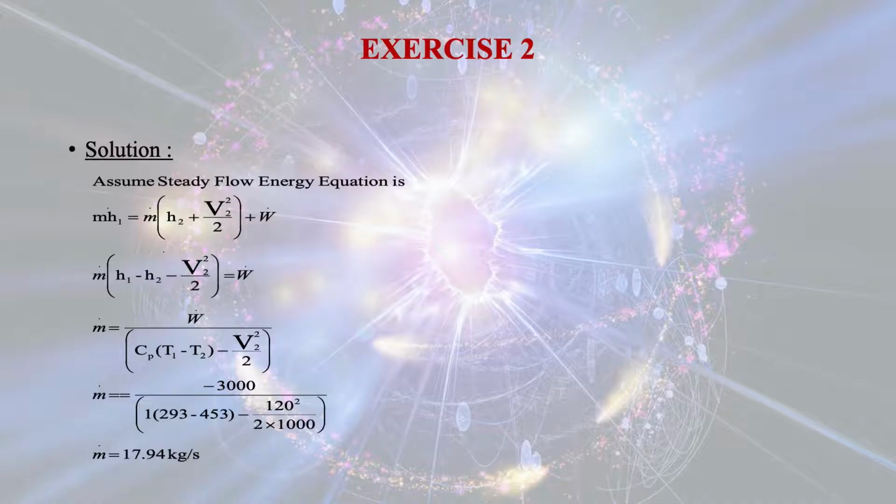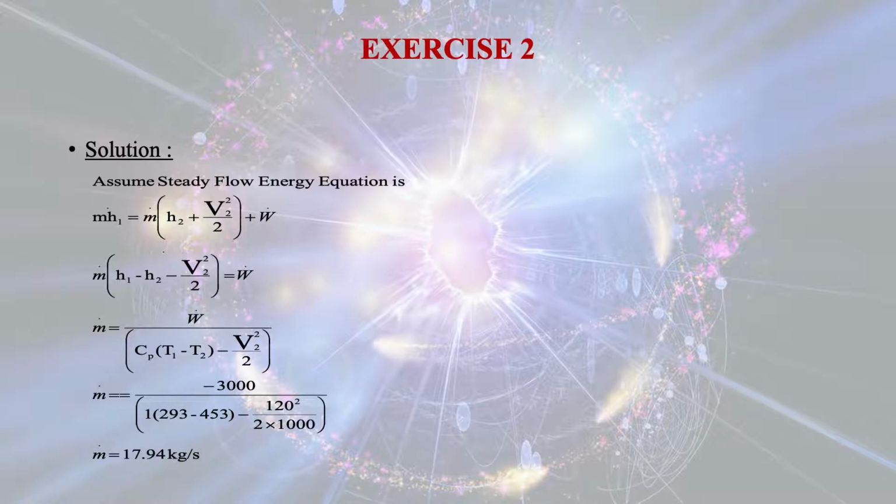So assuming the steady flow energy equation, that is m dot h1 is equal to m dot (h2 plus V2 square by 2) plus Q dot. So we can write m dot within bracket (h1 minus h2 minus V2 square by 2) is equal to W dot.